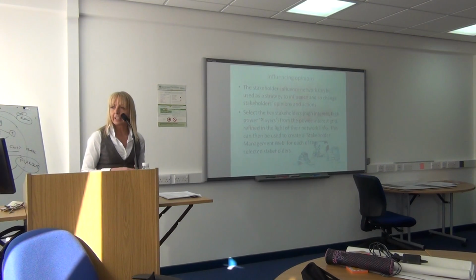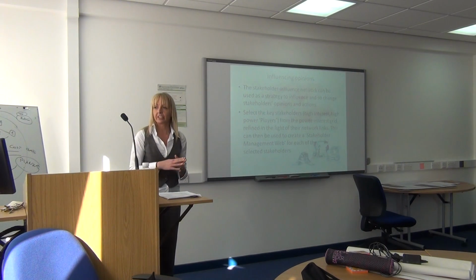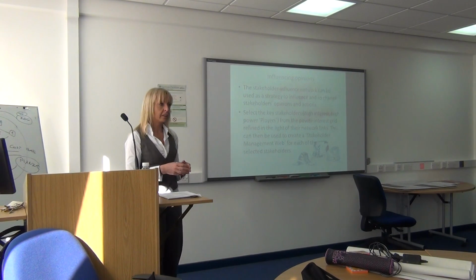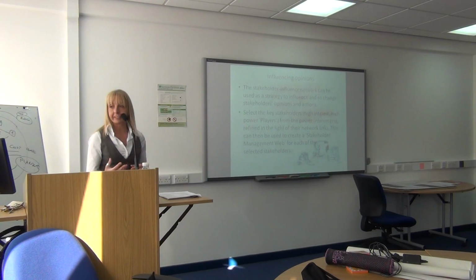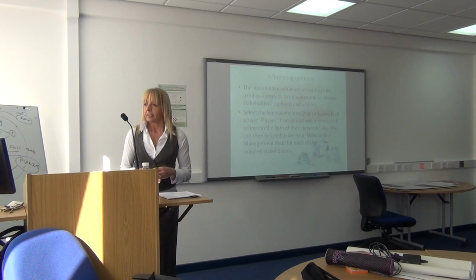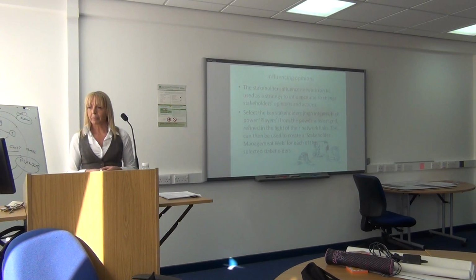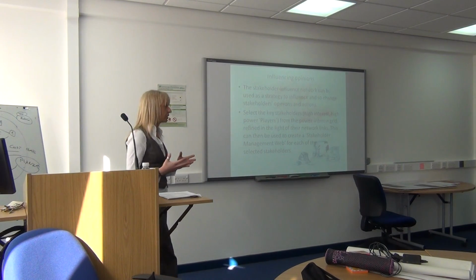So the stakeholder influence network can be used as a strategy to influence and so change stakeholders' opinions and actions. So as I said before, by identifying these people, you can start to influence their decisions and their opinions and actions. So you select the key stakeholders from the power interest grid, because this is where the research started to develop.